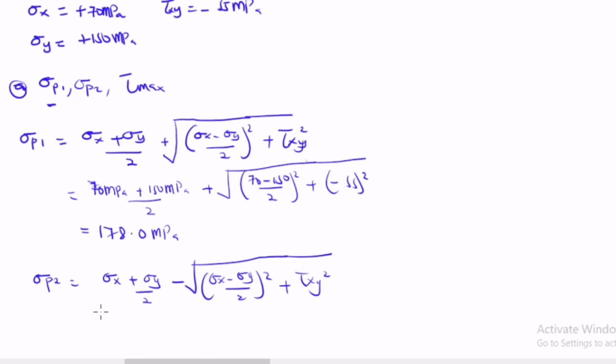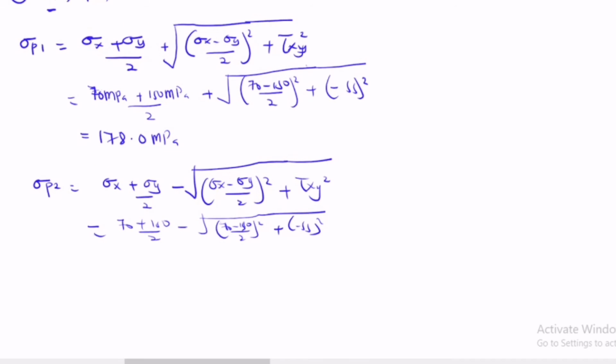So in that case, when you do your substitution, you're going to get 70 plus 150 divided by 2 and minus square root of 70 minus 150 divided by 2 all squared plus minus 55 squared. And when you do that correctly, you're going to have your value to be 42.0 megapascal. Very simple as that. This is just substitution with the formula. So it's important to know the formulas.